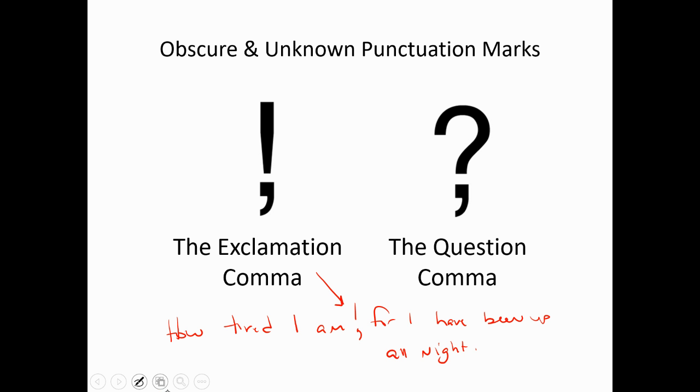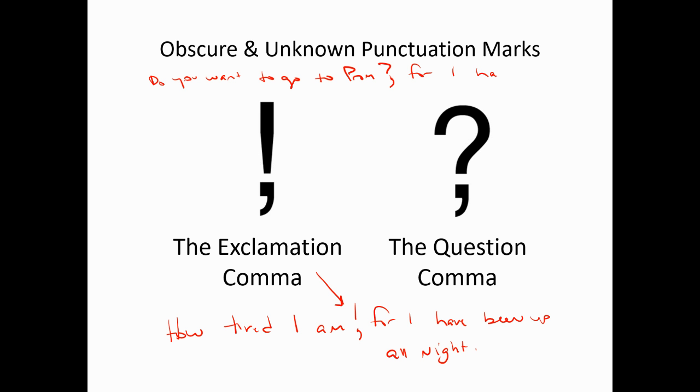Perfect for this sentence. What if I did a question comma? What if I said something like, do you want to go to prom? Question mark. But what if my sentence continues? So I take this question mark and make it into a question comma. Do you want to go to prom, comma?